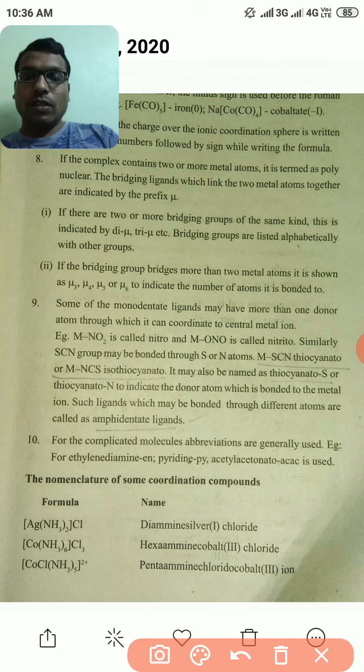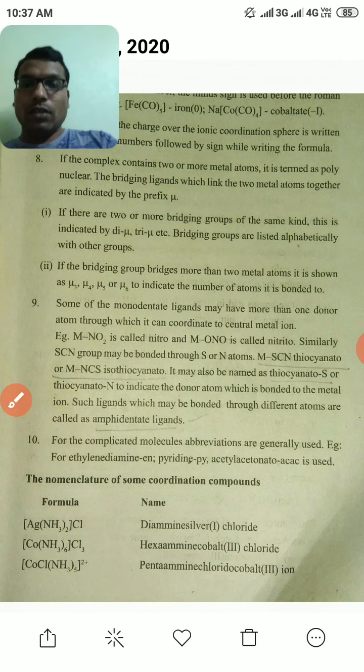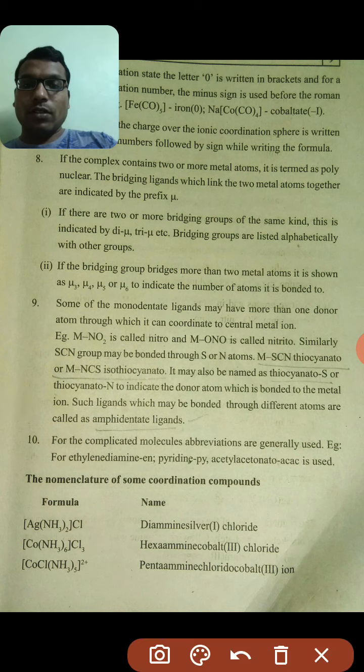In this you can see Ag(NH3) taken twice, Cl. First we should write the ligand name. How many NH3 are there? Two. That's why I'm writing diammine.